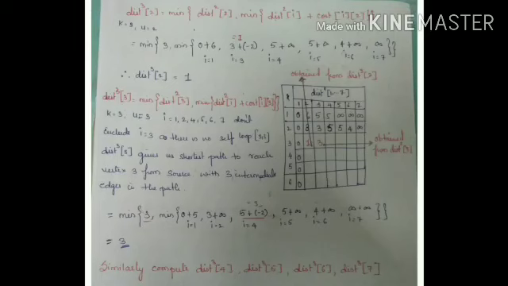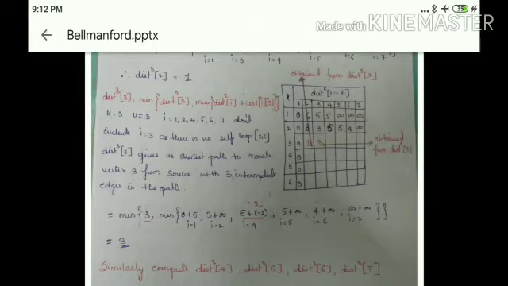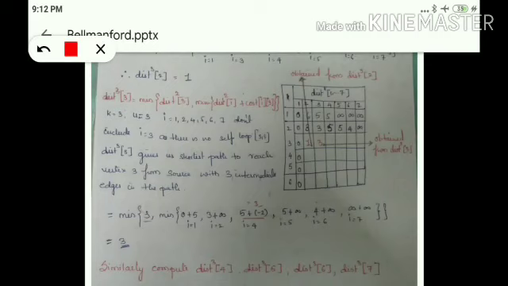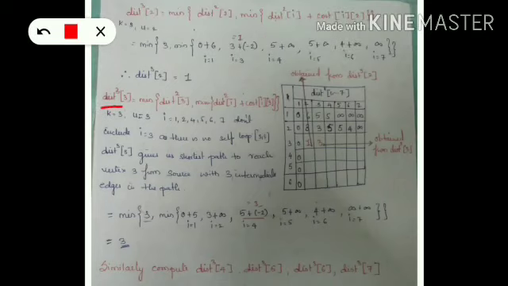So I have calculated dist of 3 raised to 3. So in the third iteration, the cost of reaching vertex 2 has now become 1, which was 3 in the previous step.